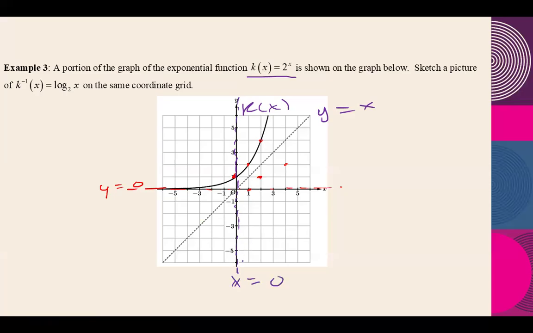And then I'm going to do my best to follow my asymptote and connect my points. And you're going to pretend that those are symmetrical. Ta-da! We can graph inverses.